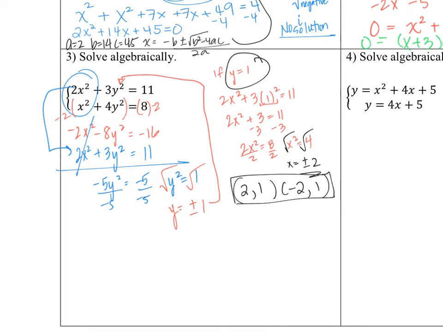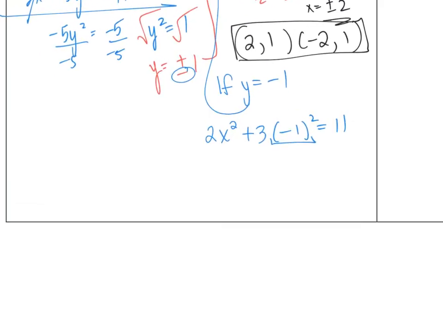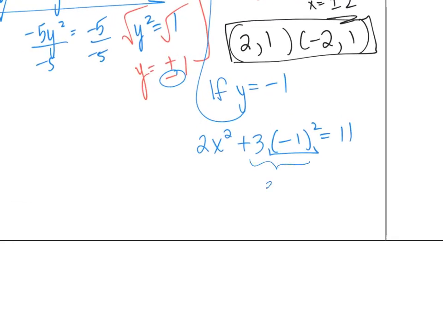Now I also need to plug in, just like I plugged in positive 1, the negative 1. So if y equals negative 1, let's see what happens. Again, let's plug into the first equation. That's 2x squared plus 3 times negative 1 squared equals 11. When you square that negative 1, we're still going to get a positive 1. So together those will make 3.